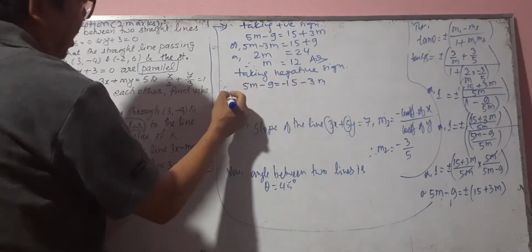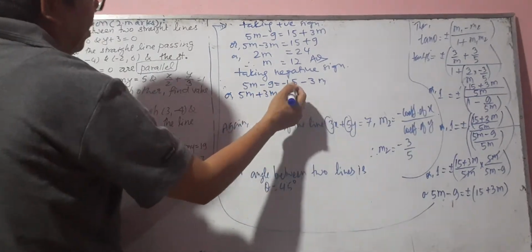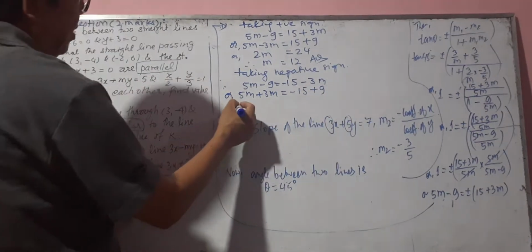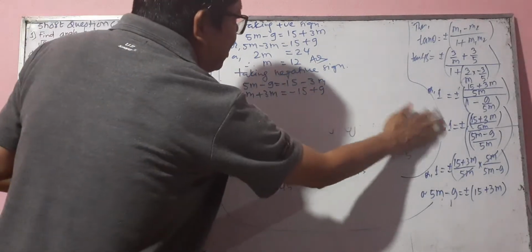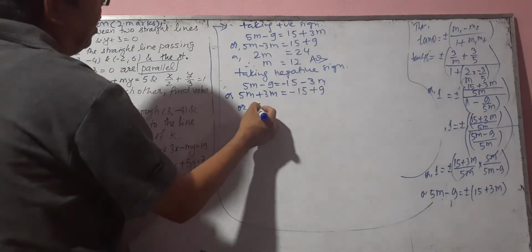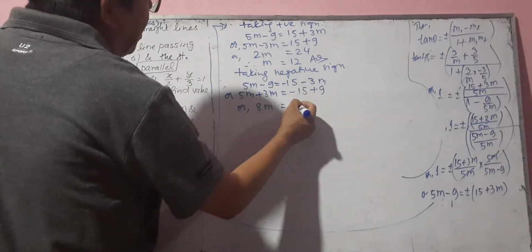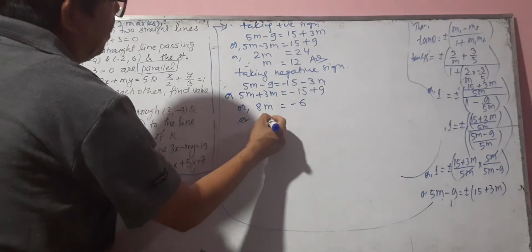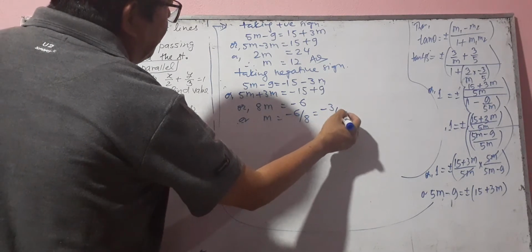Taking to the left, we get 5m plus 3m equals minus 15 plus 9. On simplification, 8m equals minus 6. Therefore m equals minus 6 by 8, which means minus 3 by 4.